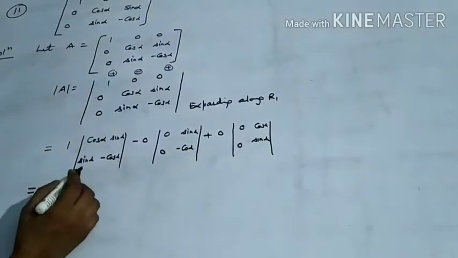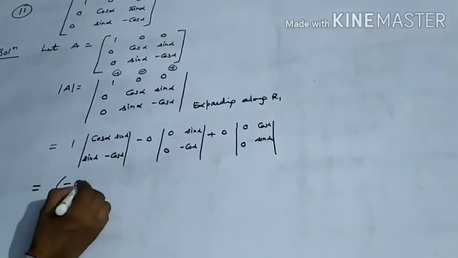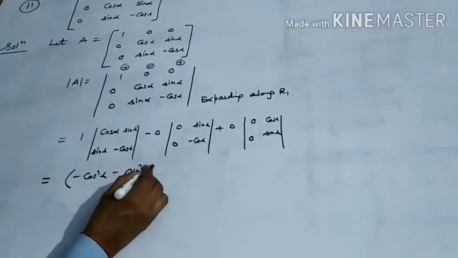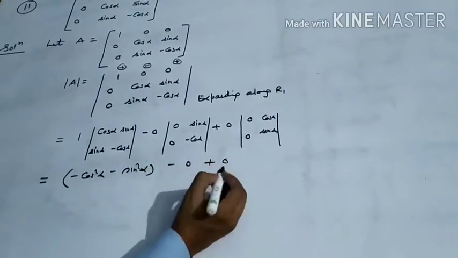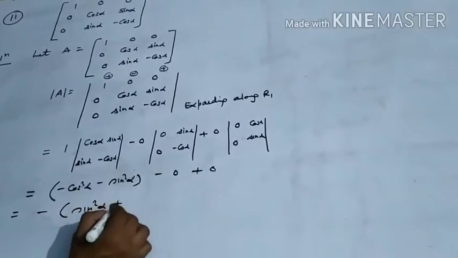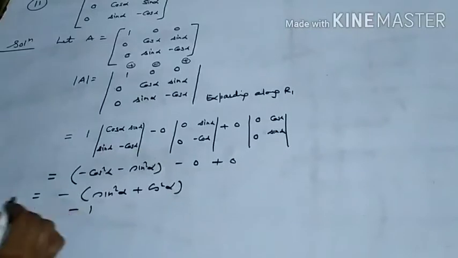So what we will get here is cos alpha times minus cos alpha, which is minus cos square alpha, and then minus sin square alpha, and then minus 0, and then plus 0. This is minus sin square alpha plus cos square alpha, which is simply -1.